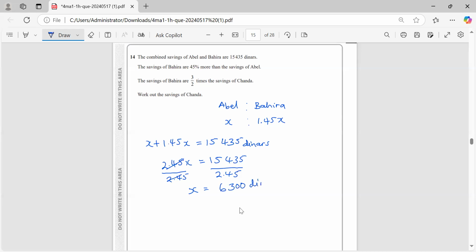So this will give you 6,300 dinars, right? So this one is the value of x. x is equivalent to 6,300 dinars, all right?